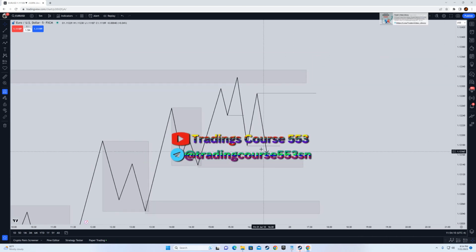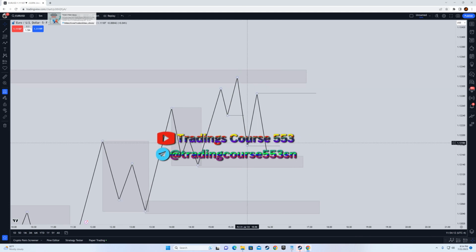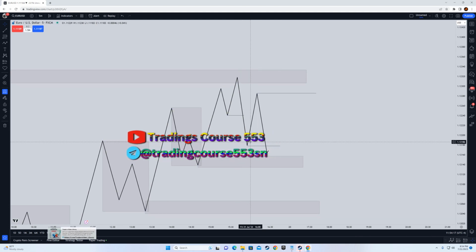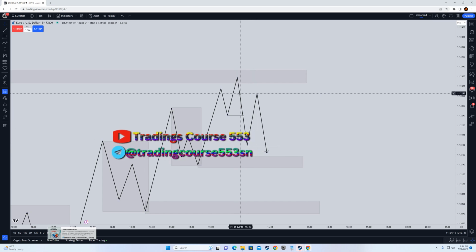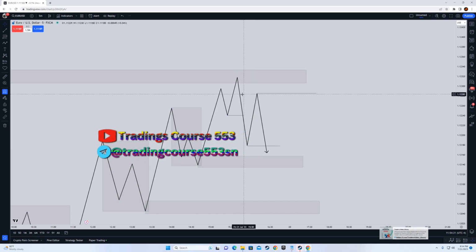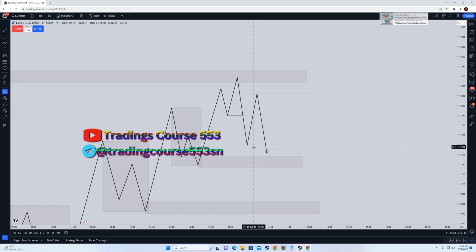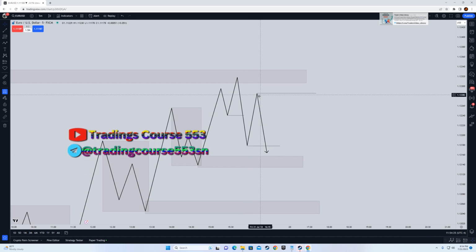For example, when you drop down to the 5 minute time frame, you will have to identify the original consolidation around here, and then price goes back into your POI, which would have been your entry on the 1 hour time frame, and then you simply target this low here on the 5 minute.